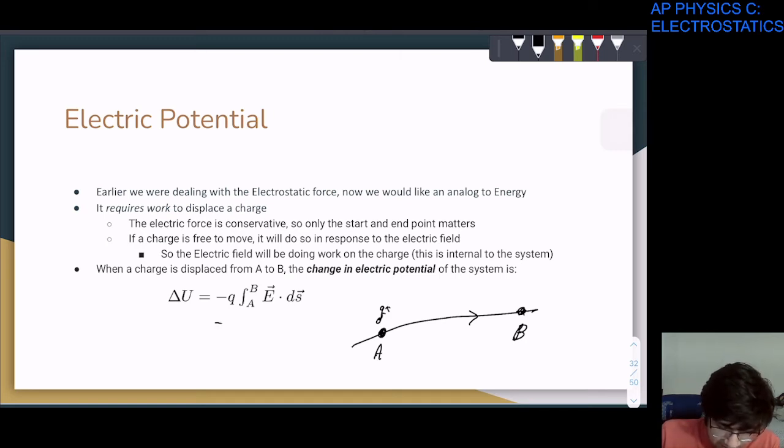Because you have minus q, which is going to be negative, times E, which will be positive because we're moving in the direction. So we're going to end up getting a negative number, which makes sense because the system wants to move in that direction. We're not going to be putting any energy into the system.